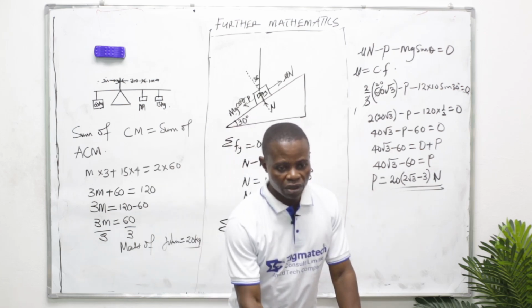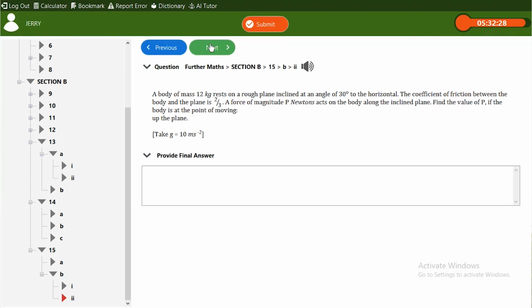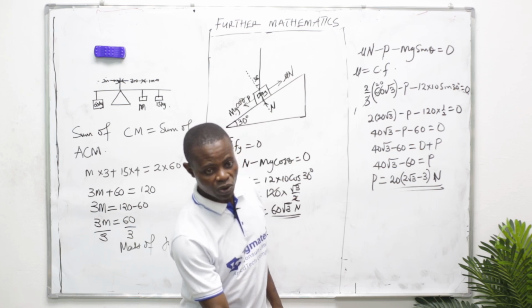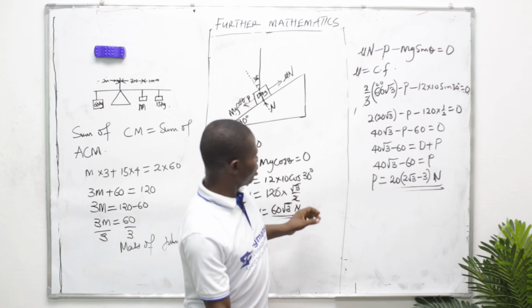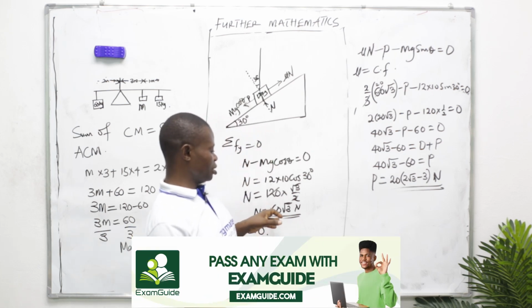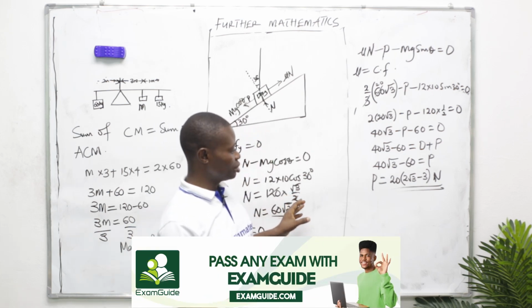Let's see if there is another question. Find the value of P if the body is at the point of moving up the plane. The first one, moving down the plane, gave the value of 60 root 3 Newton.